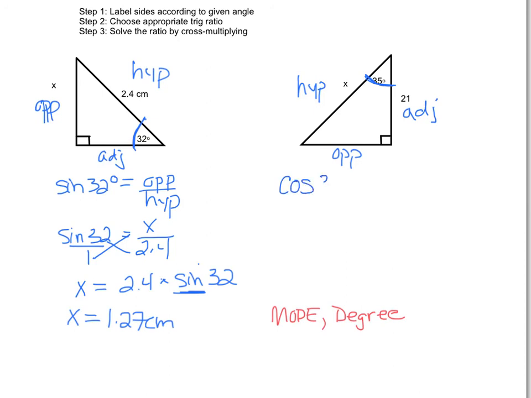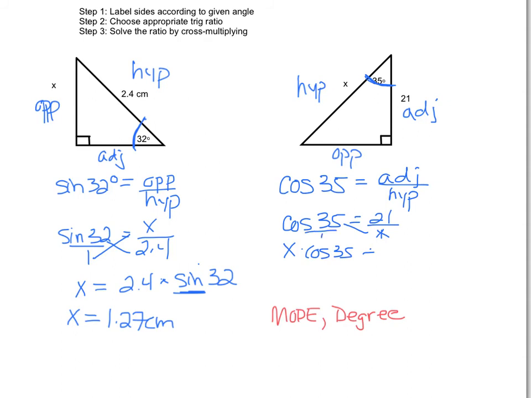So cosine of my angle 35 is adjacent over hypotenuse. So I'll put in the values. Cos of 35 equals 21 over x. And we cross multiply. So x times cos 35 equals, well, this is like over 1 times 21.